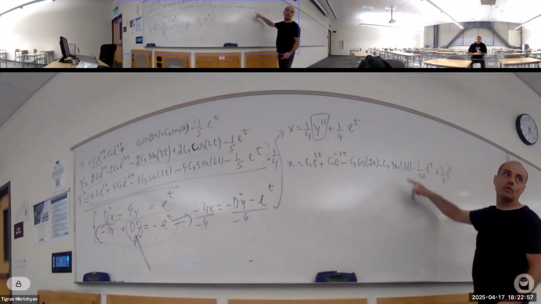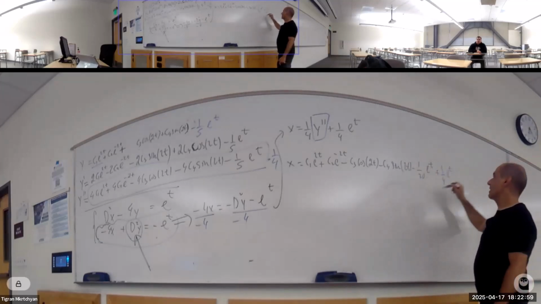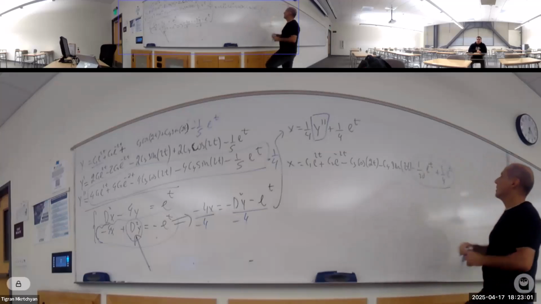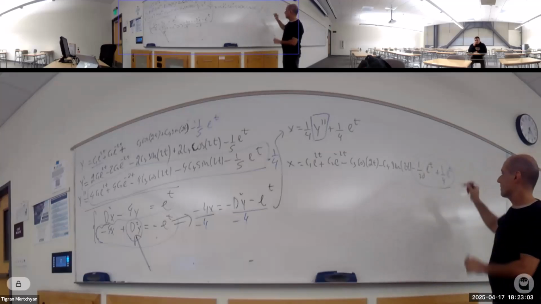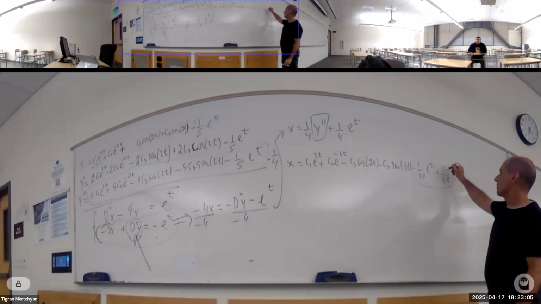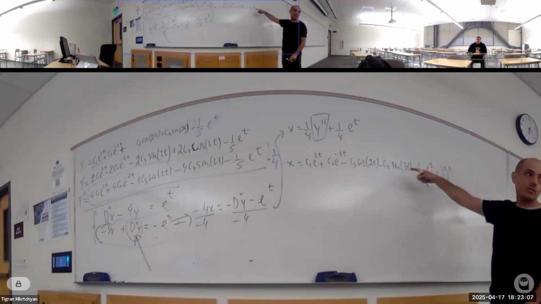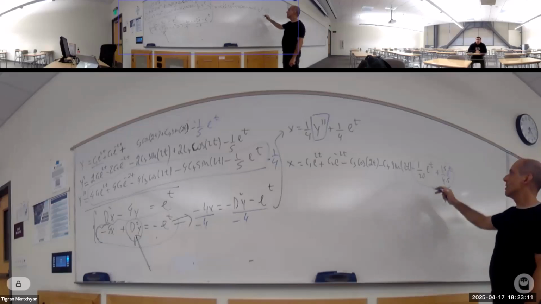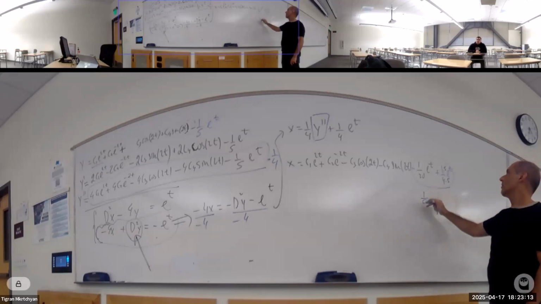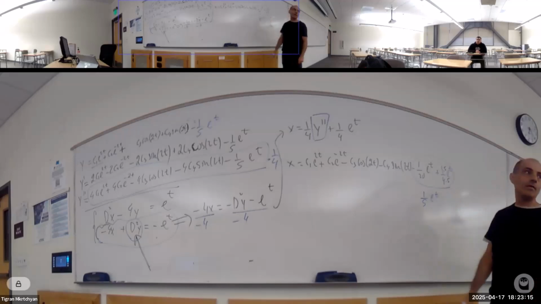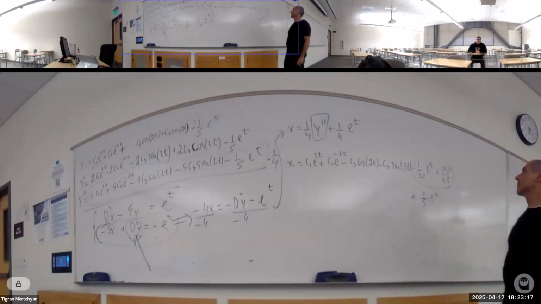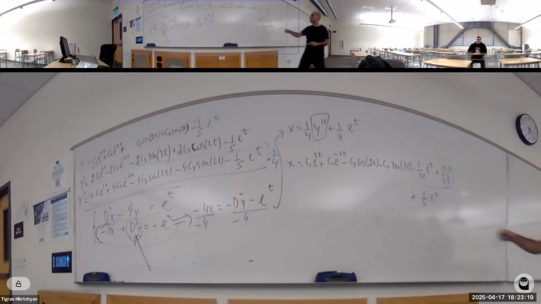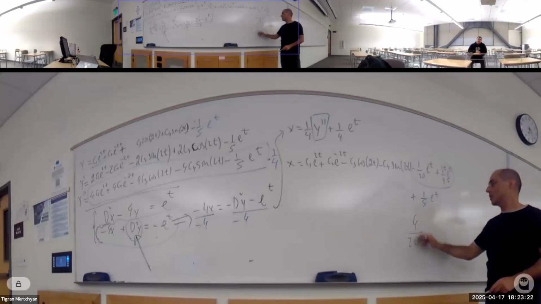The only thing you need to do is replace this by what? Maybe times 5 here, right? Yeah. That's a 5 minus 1. So it's a 4/20.